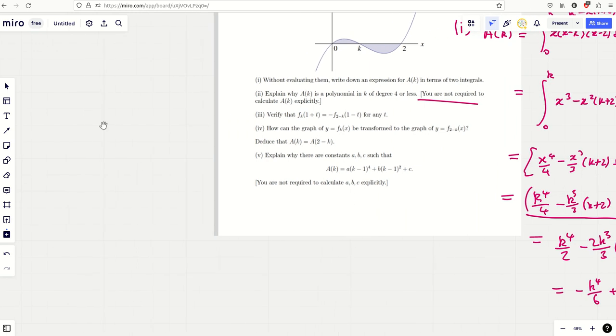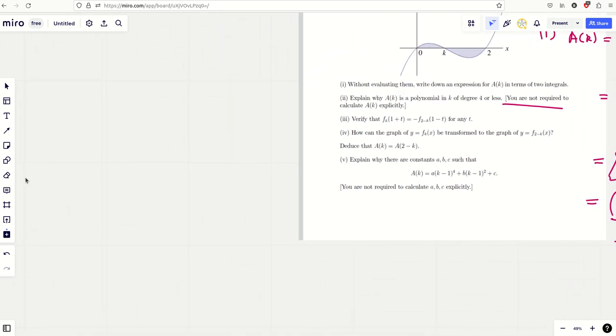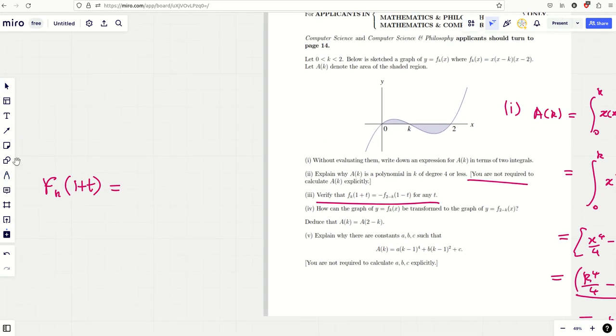Let's quickly run through this. I like these kinds of questions because it's just straightforward algebra. We're just verifying that that's true for any t. Well, f of k of 1 plus t, we just write down what it is because we already know what f of k of x is. It's just this, but with x replaced with 1 plus t.